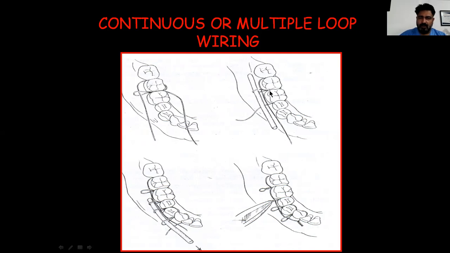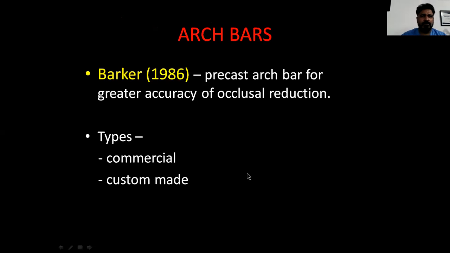It will come out, make a loop on the outside wire and then go inside again. Then again come out, make a loop and go again like this. So ultimately the internal wire is moved like this. Then these loops are wound up and connected with the upper section, or the maxilla.